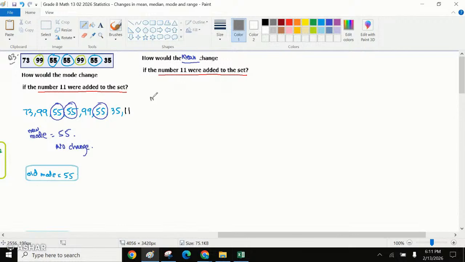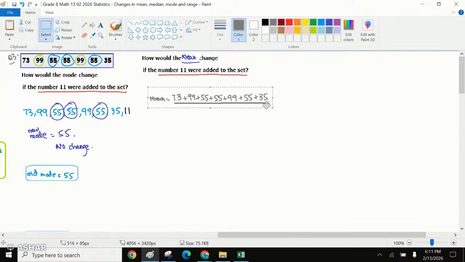we know that in order to find the mean, we add all the numbers. We add 73 plus 99 plus 55 plus 55 plus 99 plus 55 plus 35, right? And how many numbers were there originally? 1, 2, 3, 4, 5, 6, and 7. Agreed?